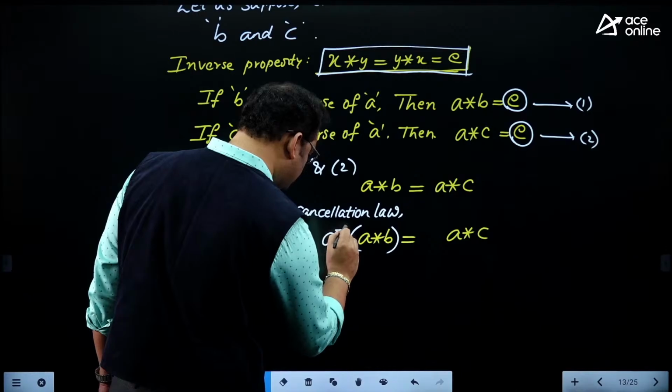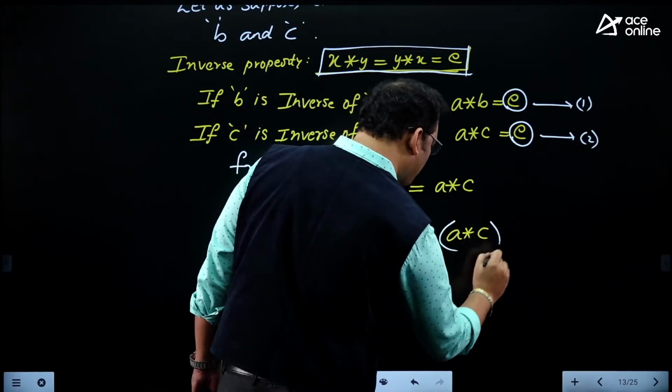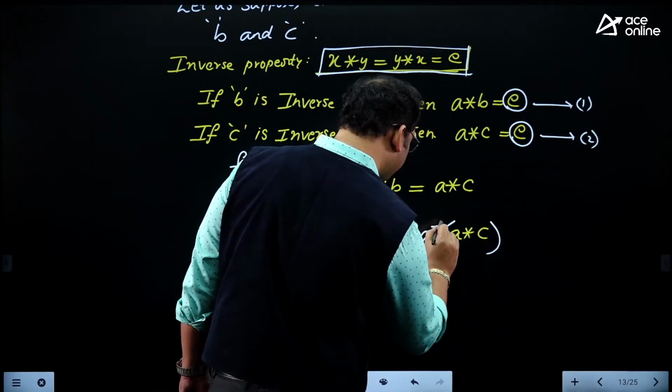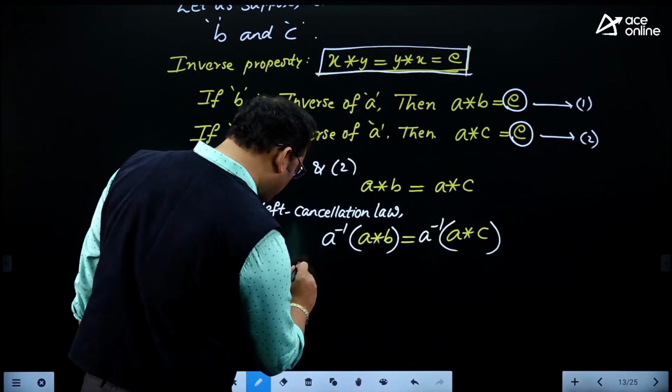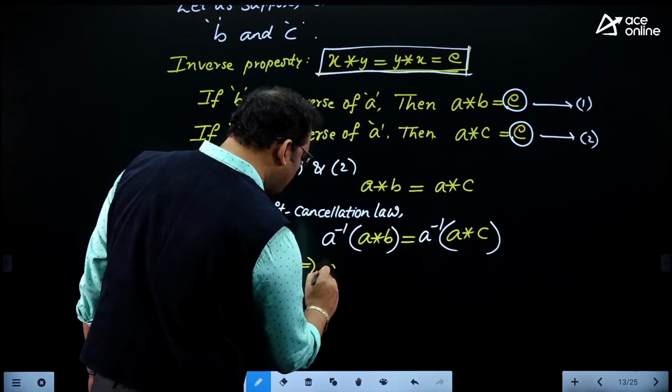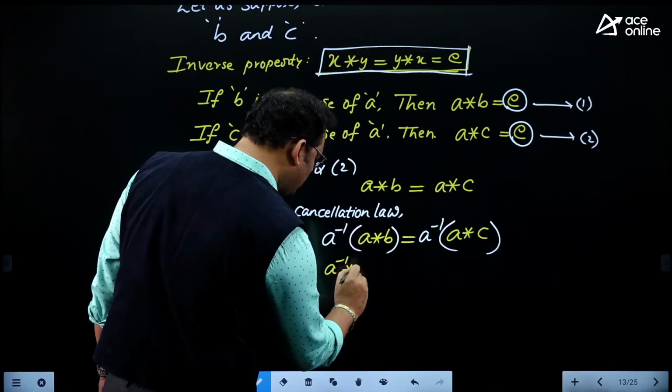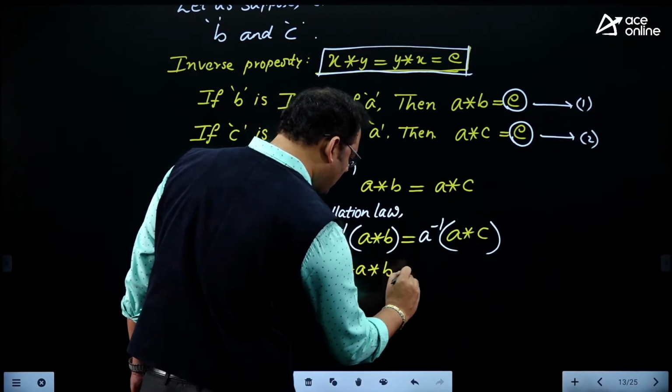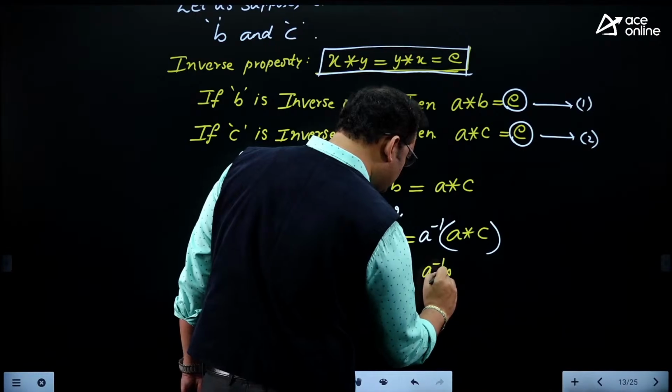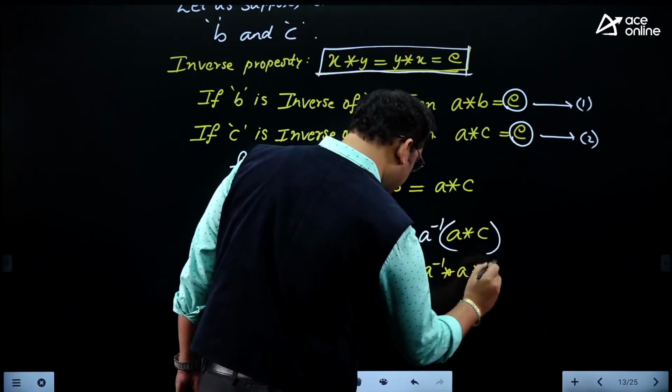This is A inverse, and here also I am operating with A inverse. Then in the next step, what will I get? A inverse star A star B is equal to A inverse star A star C.